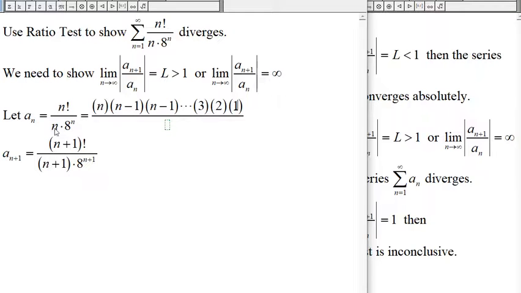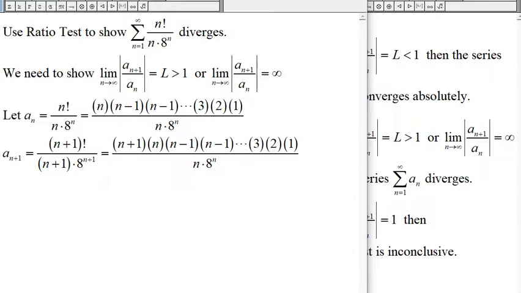And then here we just have the difference between n factorial and n plus 1 factorial. Instead of starting with n, we start with n plus 1. So here in the front we have n plus 1.